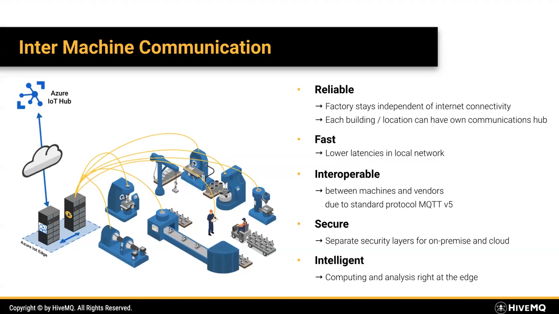We talked about this, and it also gives you the option to have your own security measures or layers independent of the ones that Azure or the cloud gives you. You can have your own security rules for the machines on the factory floor, and then you can have your own security rules for the data just going to the cloud or being processed by Azure IoT.